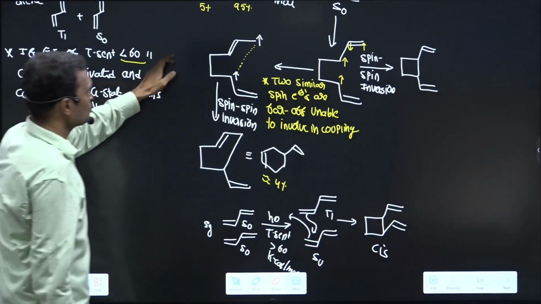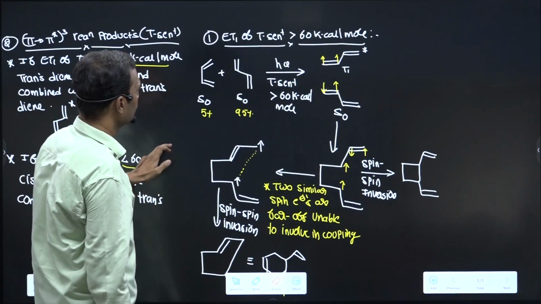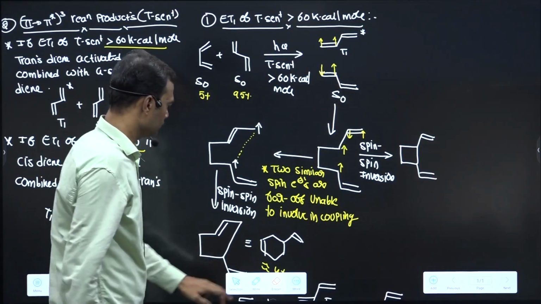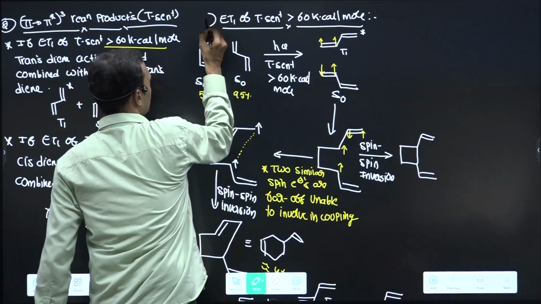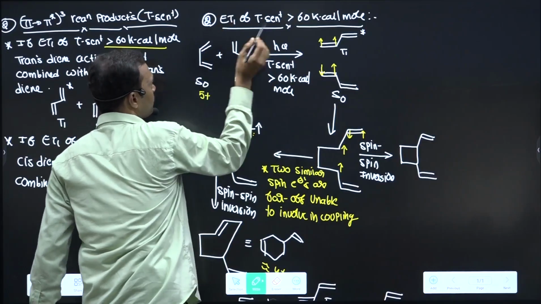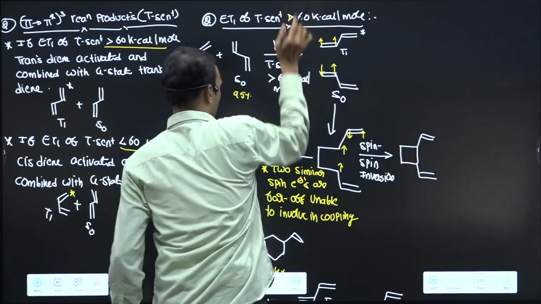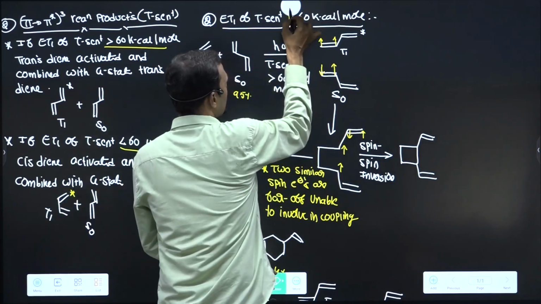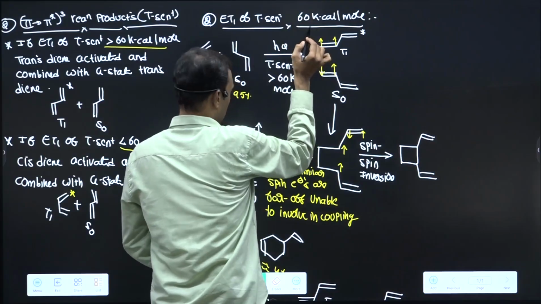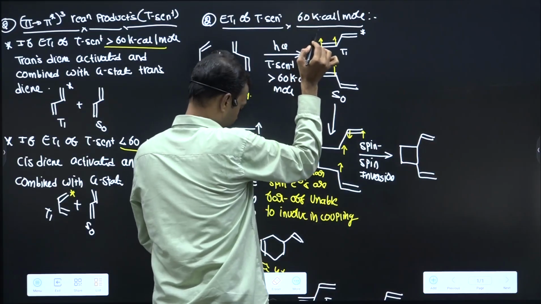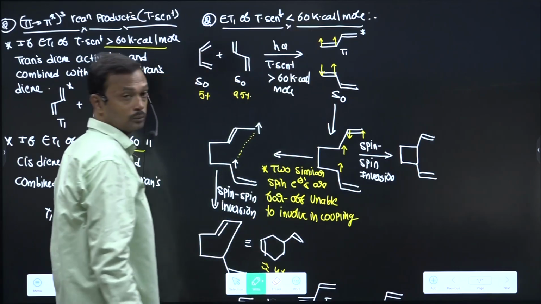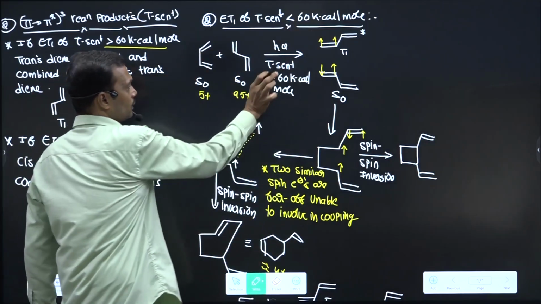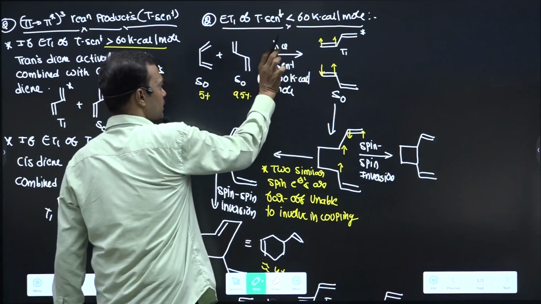Right. So go for the second one. The second possibility I am explaining directly. See this. ET1 of the triplet sensitizer value is now less than 60 kilocalorie per mole. In the last case it was more than, now it is less than.